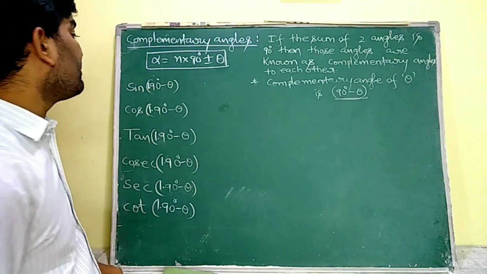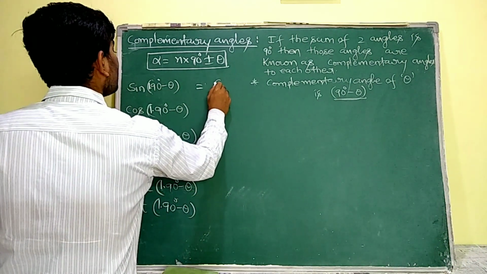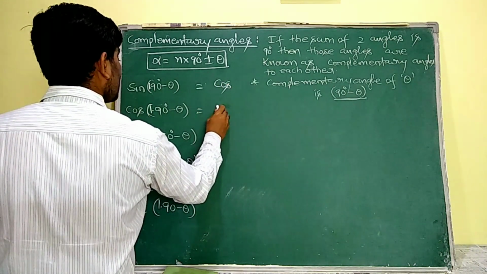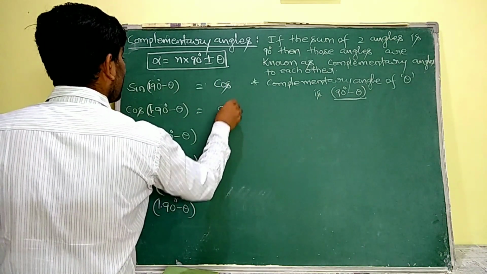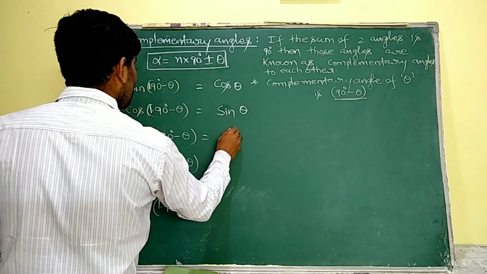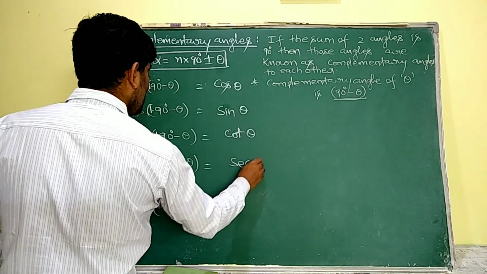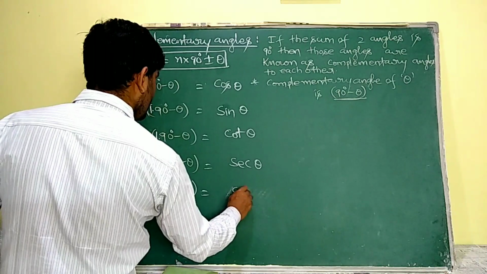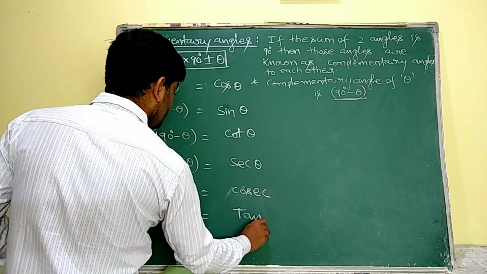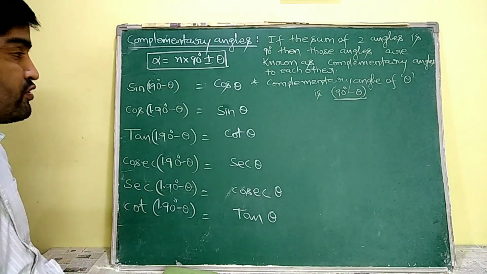So if n is odd, we know that the trigonometric ratio changes: sin changes as cos and cos changes as sin, tan changes as cot, cosecant changes as secant, secant changes as cosecant, and cot changes as tan. These are the trigonometric ratios I am going to write.